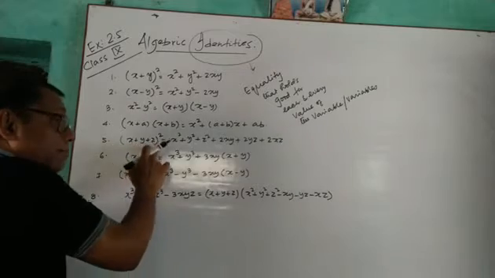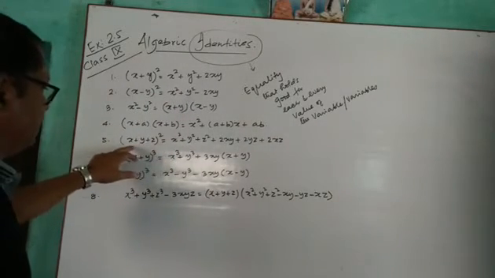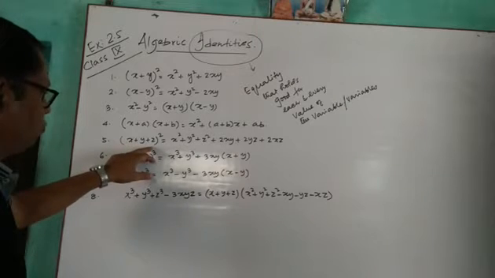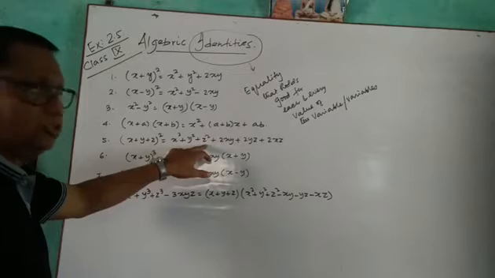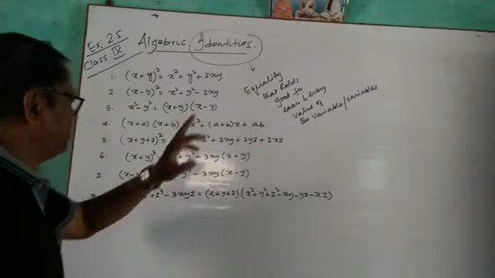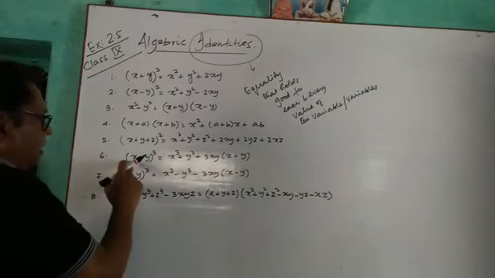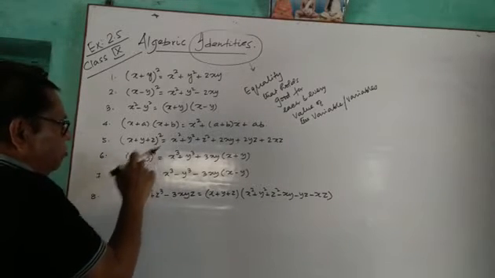(x + y + z) square. Square of a trinomial it is known as. It is x square plus y square plus z square plus 2xy plus 2yz plus 2xz. Cube of a binomial: (x + y) whole cube.